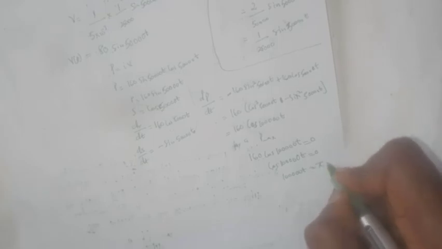If we take arc cos of 0, we would have it that 100,000t is equal to pi over 2, and that means that t is equal to pi over 200,000 seconds.